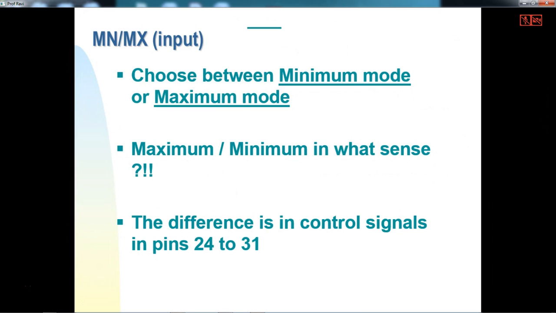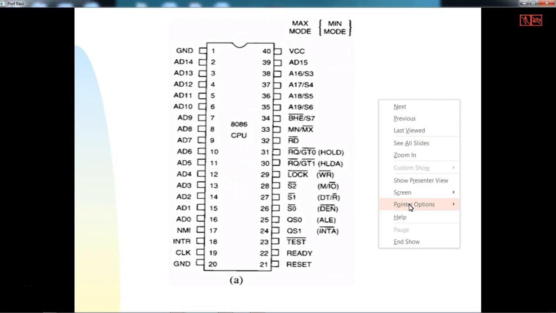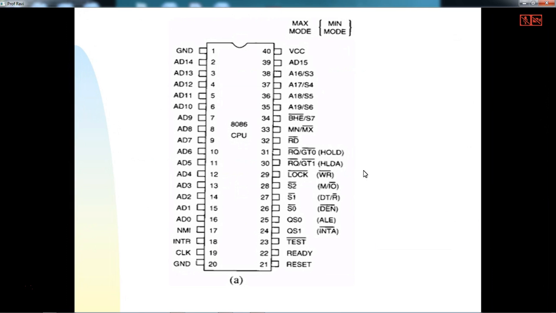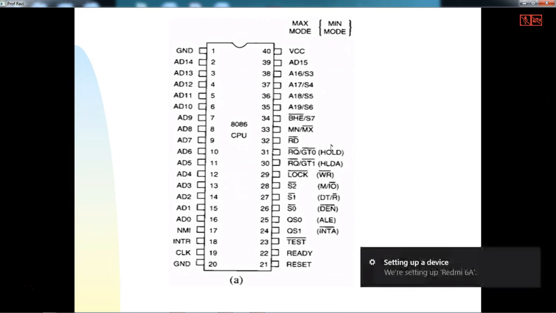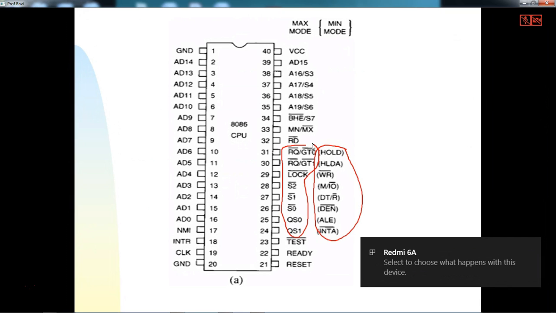Now if you try to see the pin diagram of 8086, here the 24th pin to 33rd pin are different. Just beside these pins 24 to 31, multiple functions are written.